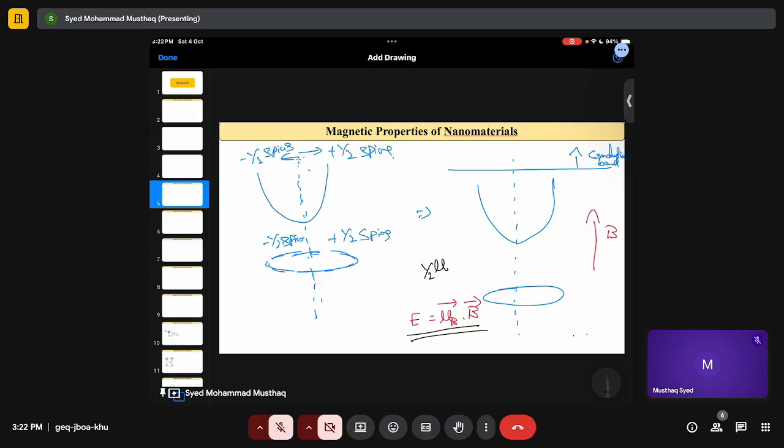Mu B, maybe I could take the magnetic moment of S, so I will write it as MS. Then if I have plus half, plus half MS times dot B will be a positive quantity.